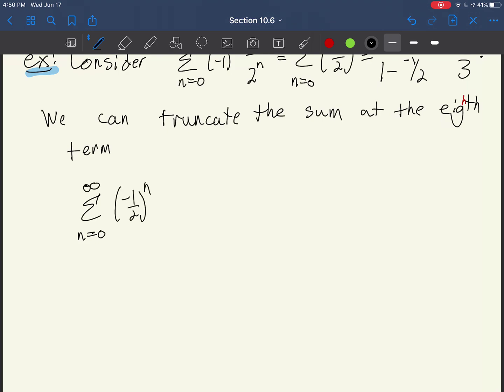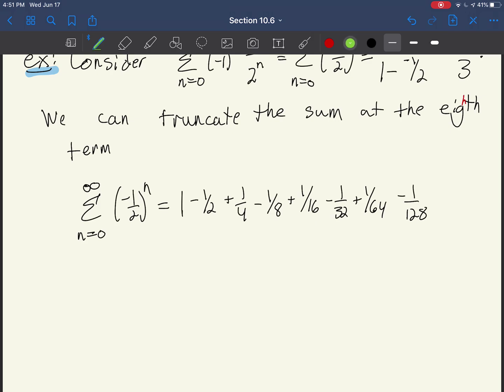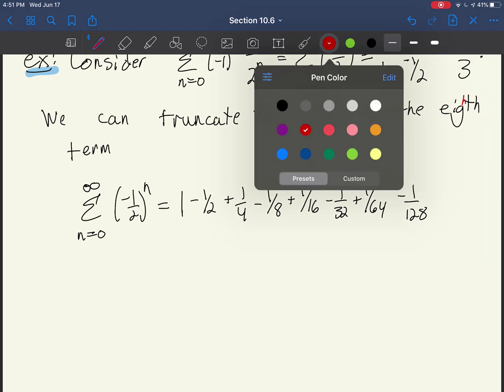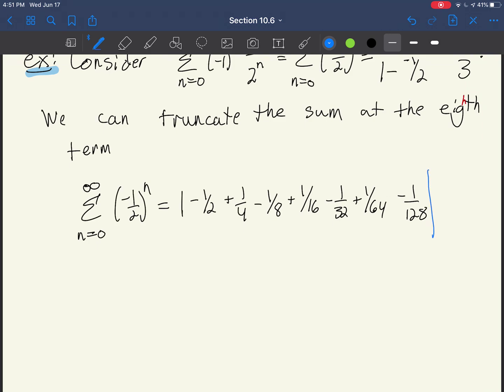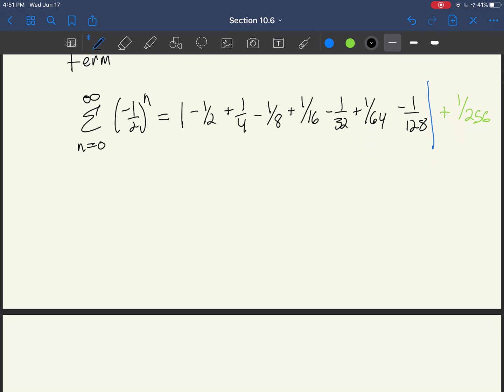We would have the summation from n equals 0 to infinity of -1/2 to the n, truncated at the 8th term, so we would have 1 minus 1/2 plus 1/4 minus 1/8 plus 1/16 minus 1/32 plus 1/64 minus 1 over 128. That is our 8th term. So we're going to stop it right there. But the next term is 1 over 256.